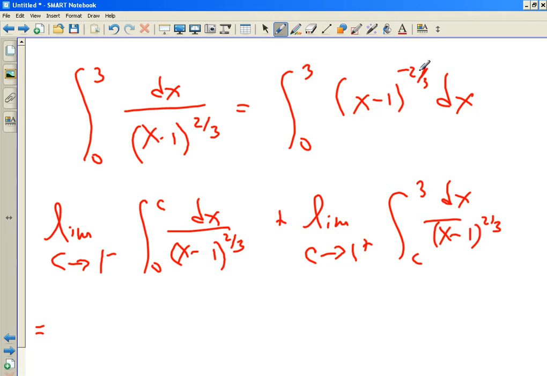So how do you do u to the n du? Add 1 and divide by the same thing. So u to the negative 2/3 plus 1. What's negative 2/3 plus 1? 1/3. And if you divide by 1/3, you're really multiplying by 3.